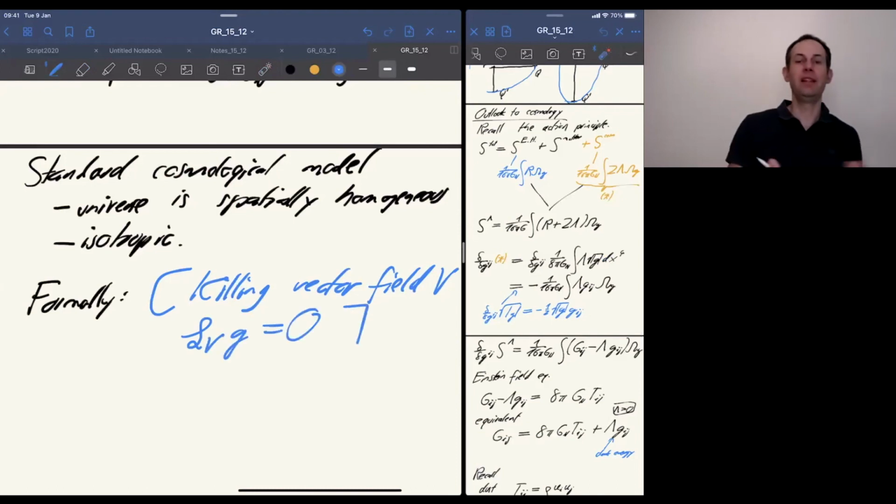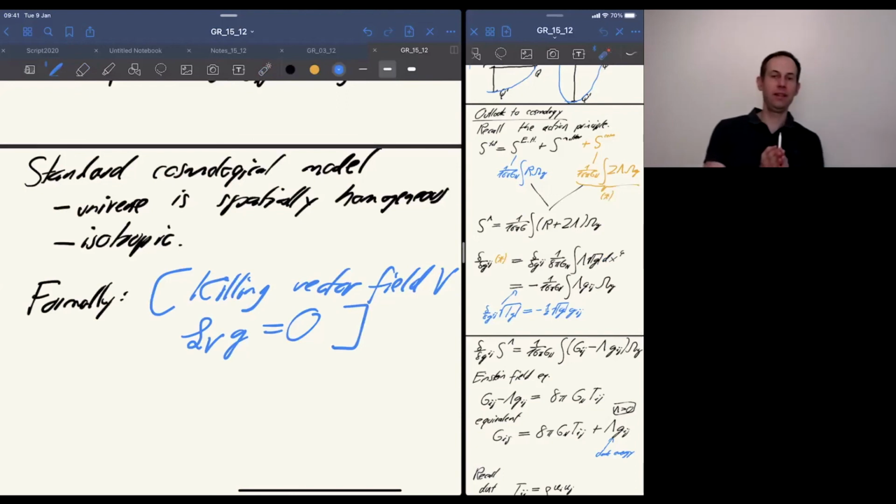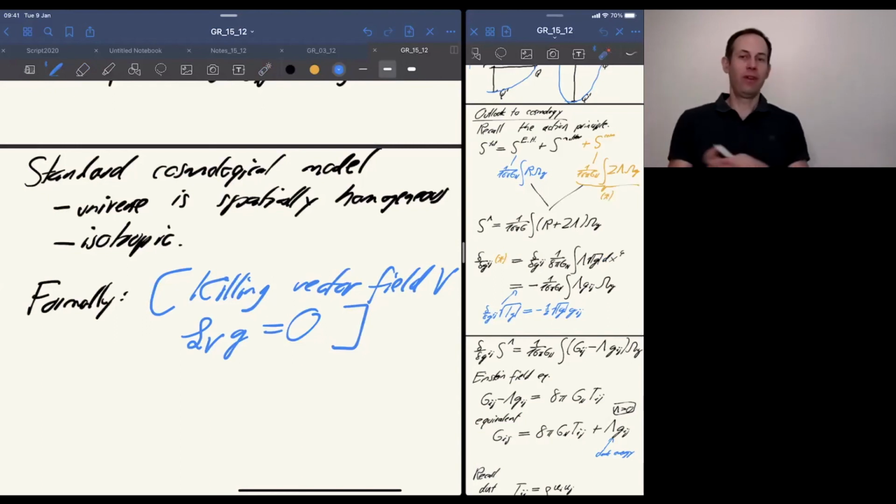So what does it mean? It means that a vector field, maybe remember, is associated to a flow. There was a time when I talked about lying on a river and looking at the sky and looking how things change. And the flow of the river is defined by a vector field. Now, if I'm floating on the river and look at the metric, then it may be that the metric never changes as I'm floating.